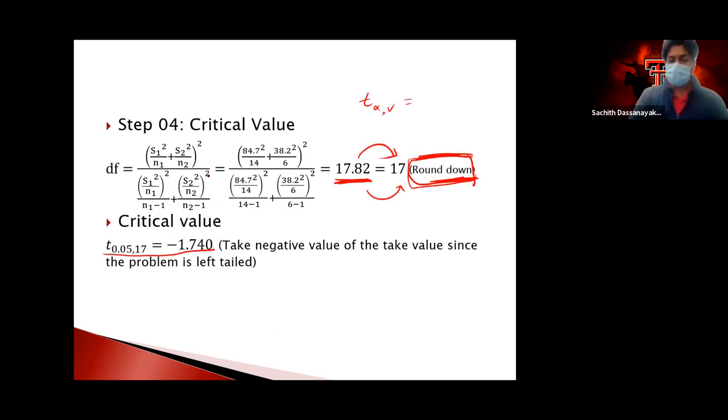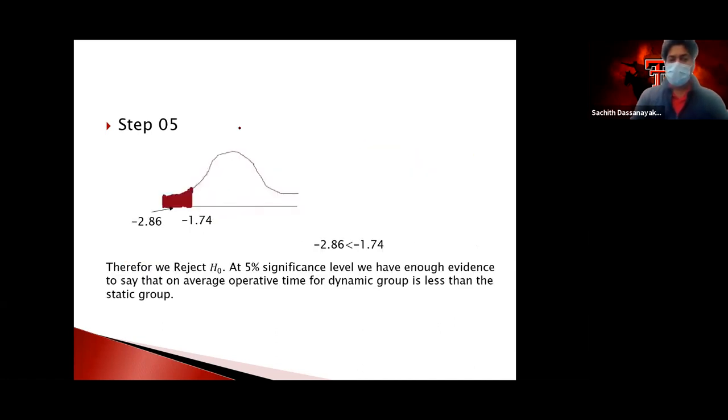This is your t alpha v value, and this is your t cal. The t cal value is less than the t alpha value. So what? Reject H0. Okay, reject H0.